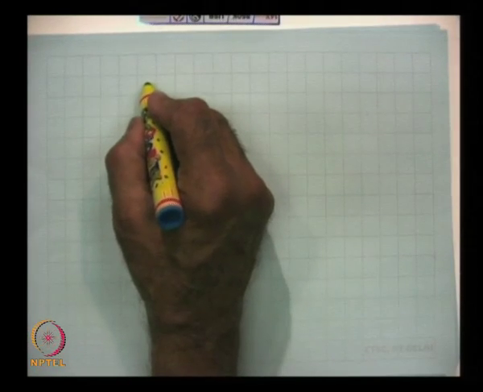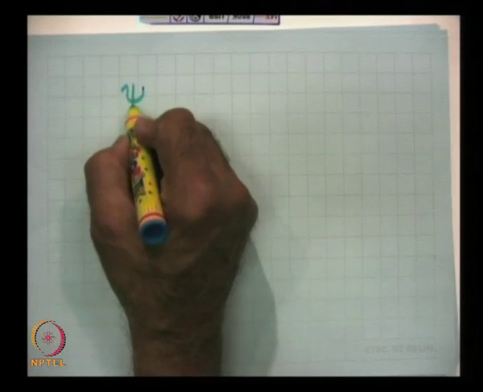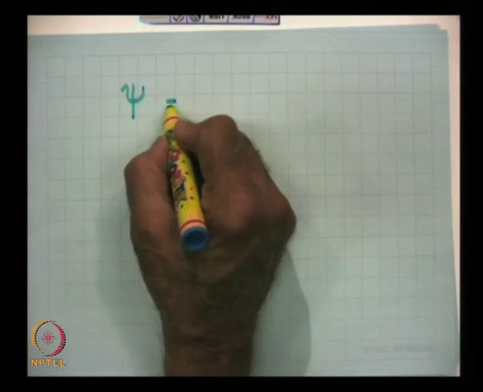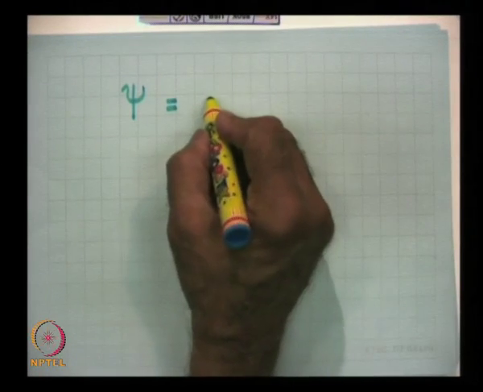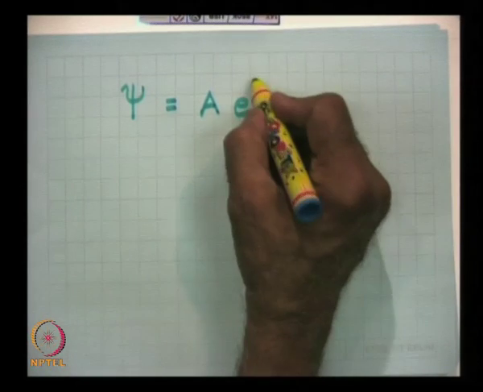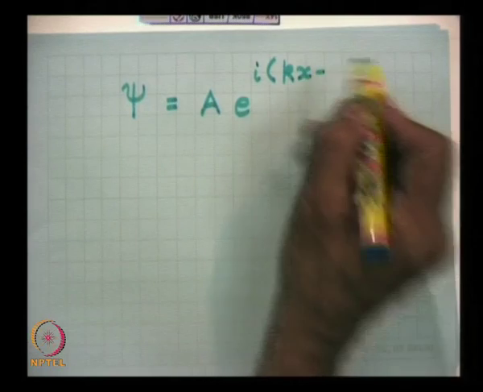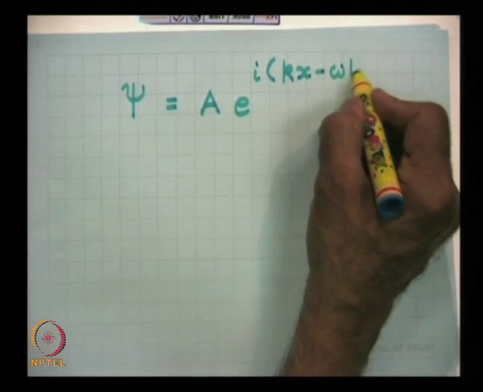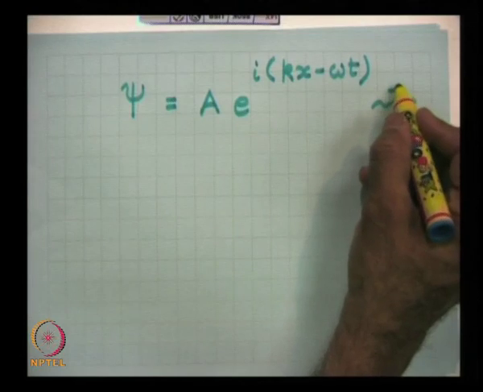Now, let me take a plane wave. A plane wave is described by a wave function psi, a one-dimensional plane wave. So, you have A into e to the power of i (kx minus omega t). So, this is a plane wave propagating in the plus x direction.